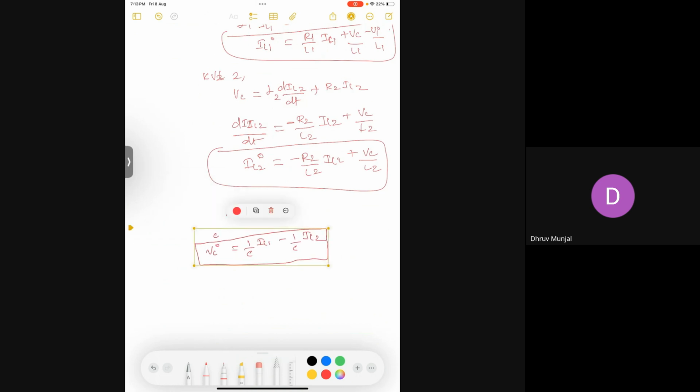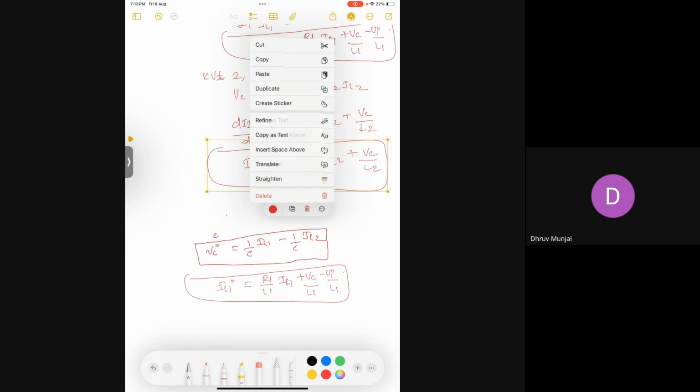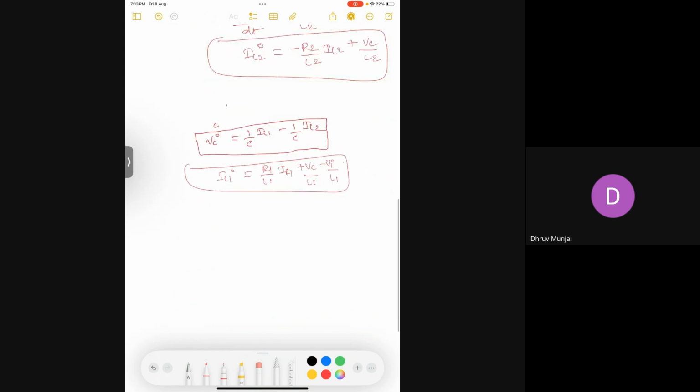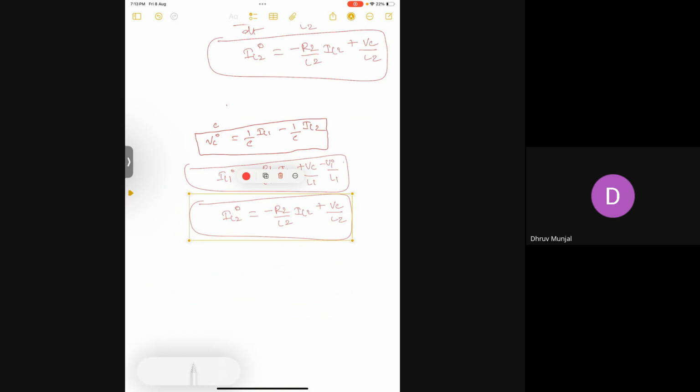So one equation, second, third. Three equations I have. That's what we want.